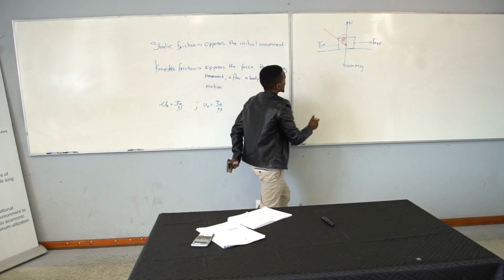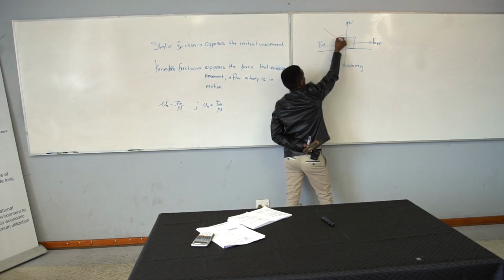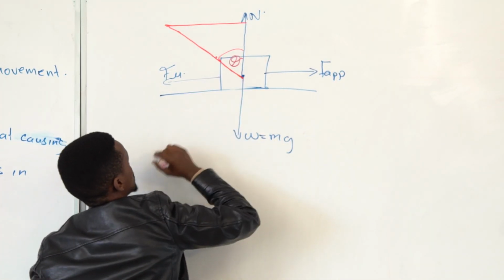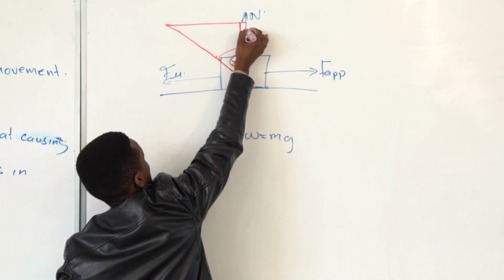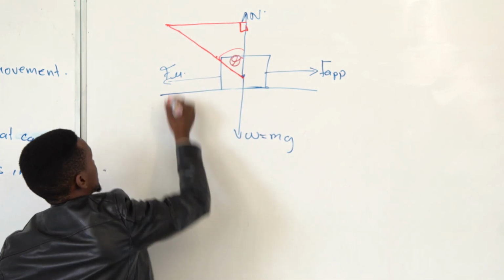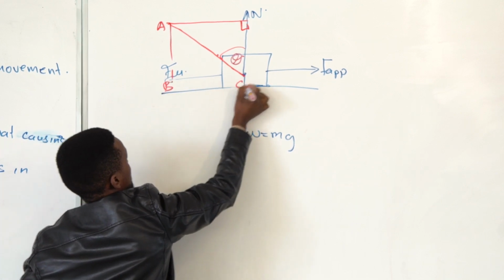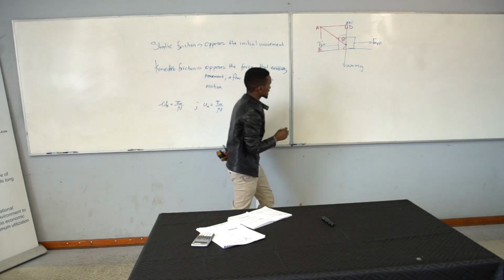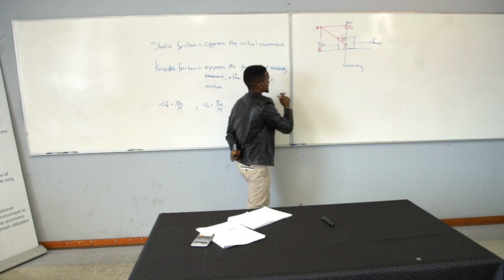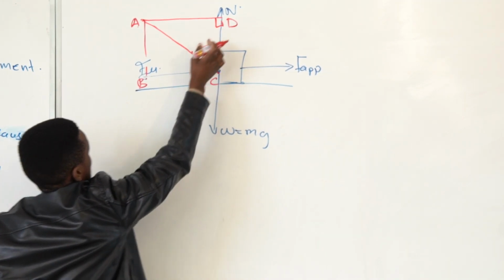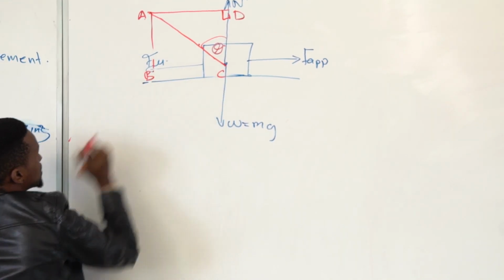If we look at our diagram, this is the resultant. As you can see now, if we close there, we have a triangle. This is the 90 degrees. Now we can rename this, for example, to A, B, C, D. Right? As we can see, the distance AD is the same as BC, which is our frictional force.